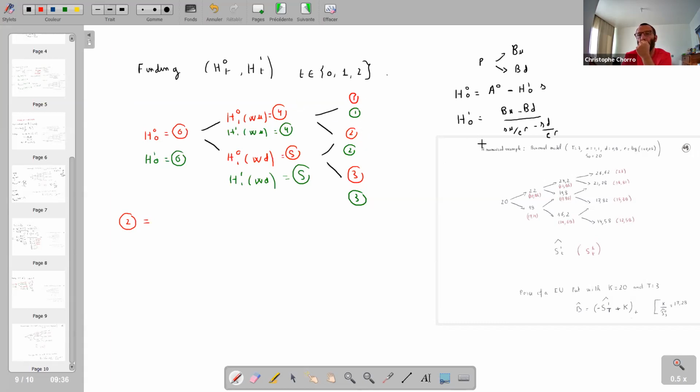So according to what I have written here, and using the notation of the multi-period model, it will be A3, that is the payoff, at which point? If I am here, it means that I have increased and decreased. So I have WU, WD, and I have to take the difference when I increase and decrease.